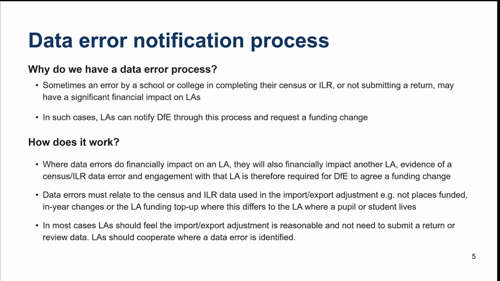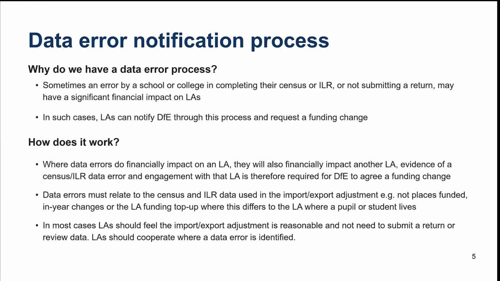For example, if a college in my local authority area has 150 high needs students, but forgot to record these as in receipt of top up on their R06 return, or actually didn't submit the return in error, if 100 of those 150 students lived in other local authorities, my local authority's DSG could be £600,000 down due to that error.